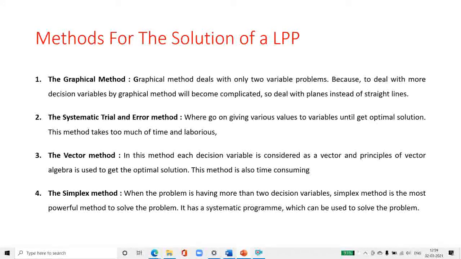It has a systematic procedure which can be used to solve the problem. If we have only two variables, we can solve the problem by the graphical method or the simplex method. But if we have more than two decision variables, we can solve it using only the simplex method.